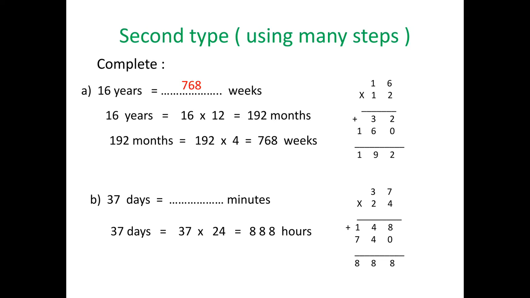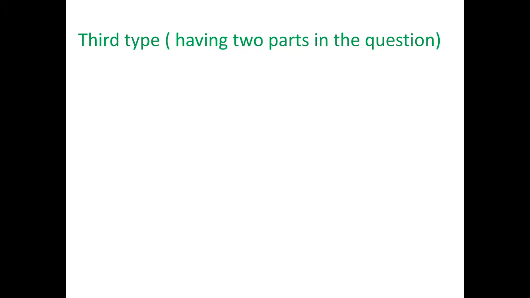Now from hours to minutes, what do I do? Multiply by 60. It's from bigger to smaller, and the relation between minutes and hours is 60 because I have 60 minutes in an hour. So I'm going to multiply by 60. It will give you this number. That's my final answer.